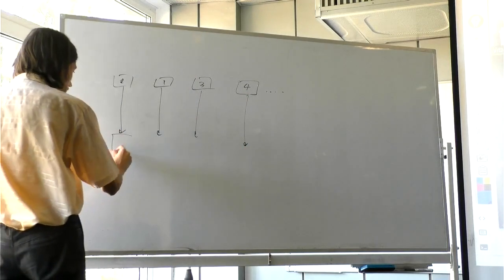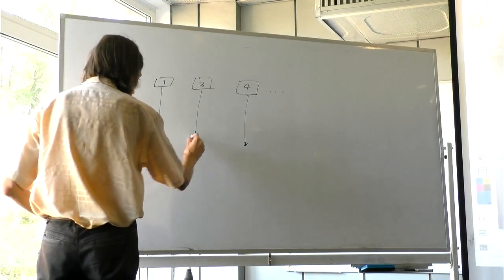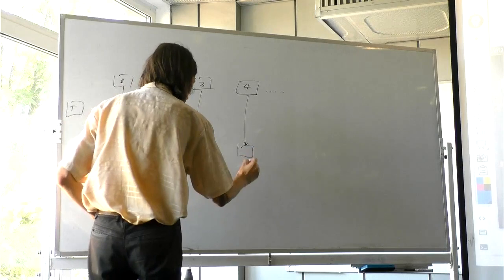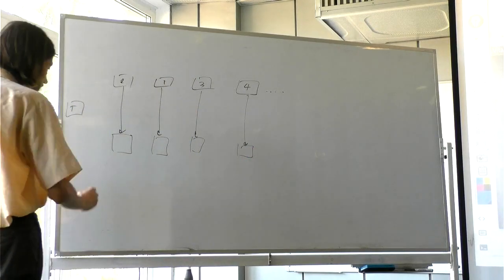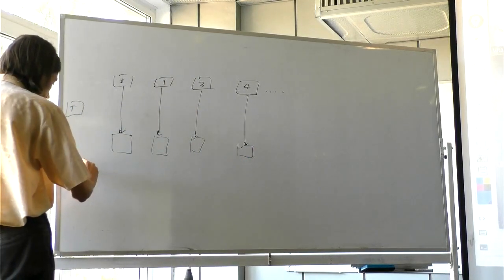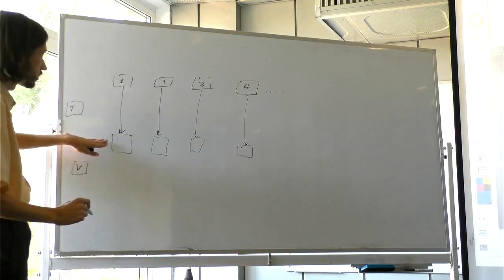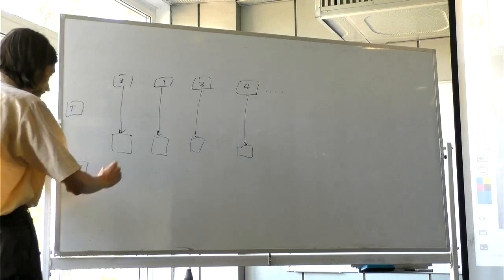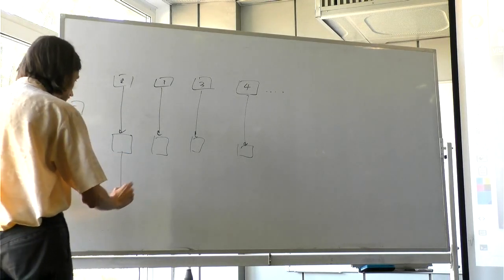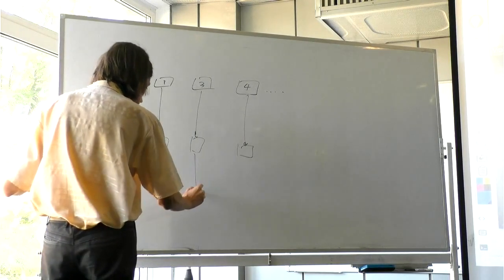I have some trained models. Now I use my validation set to estimate how good the trained model is. And I get some numbers.